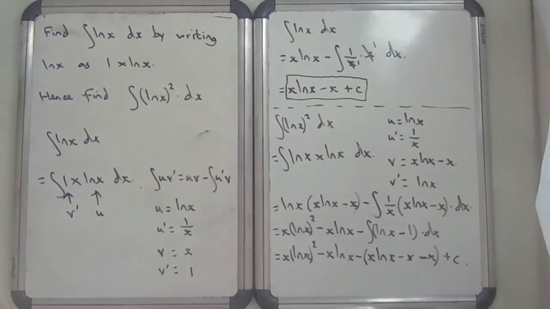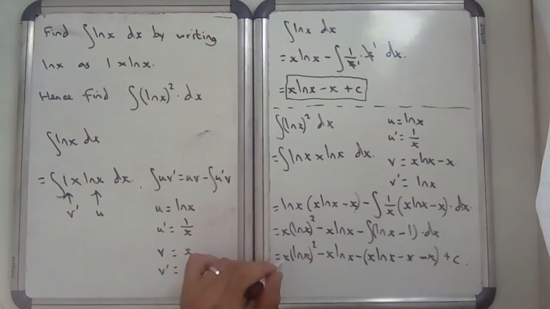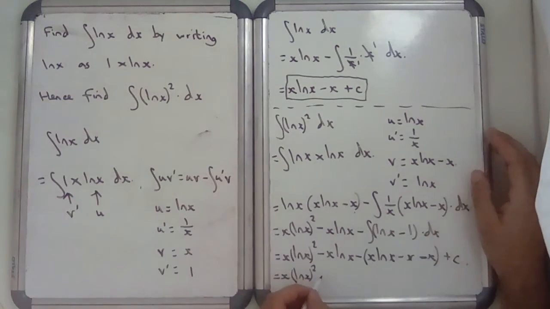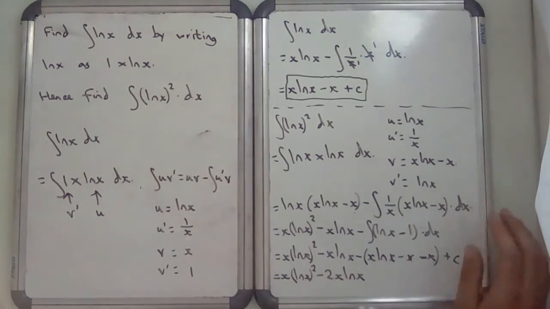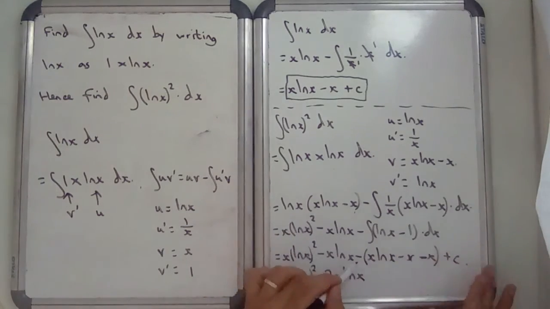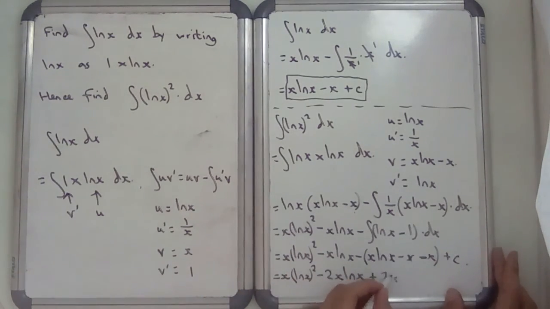So then we've got a bit of tidying up to do. What you have, the final answer, equals x ln x squared, and then you've got minus x ln x minus another x ln x, so that must be minus 2x ln x, and then you've got minus x times the other minus there, so that must be plus 2x, and then plus the constant of integration.